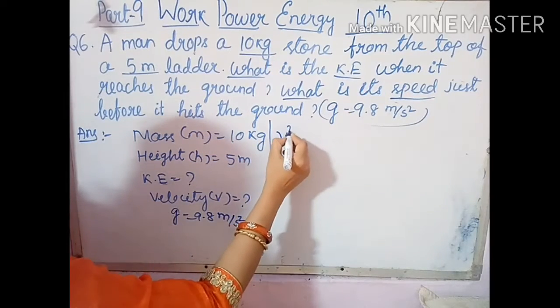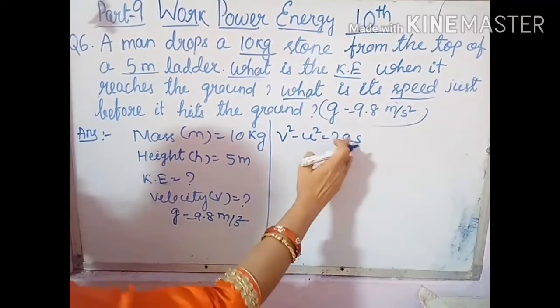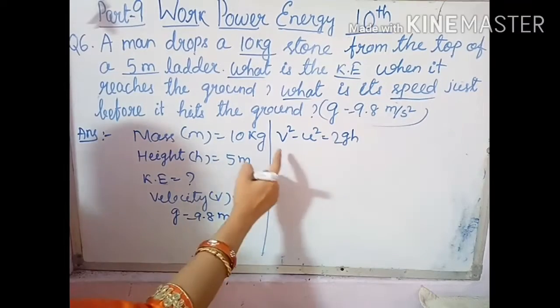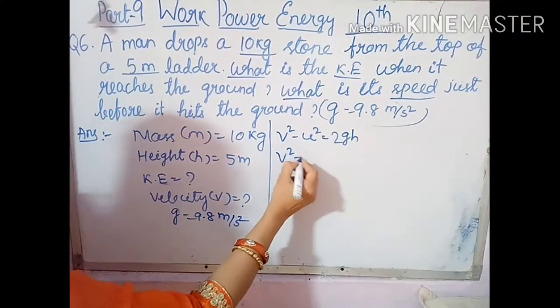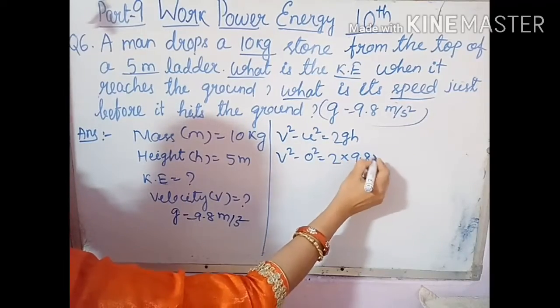How? v square minus u square equal to 2as, or 2gh. Here I will put 2gh because it is under gravity. So v square equals 0 plus 2 into 9.8 into h, here 5.